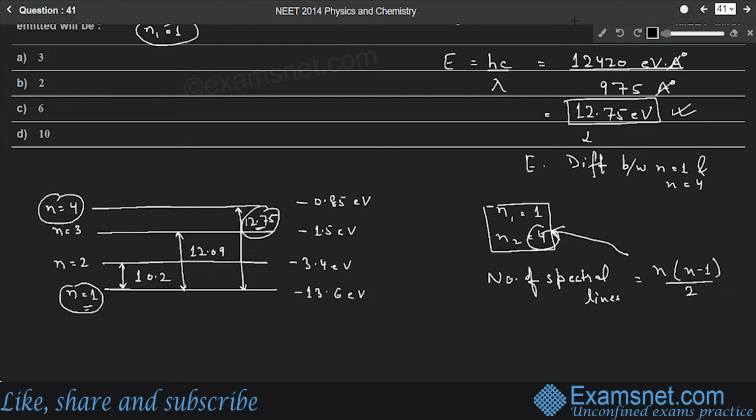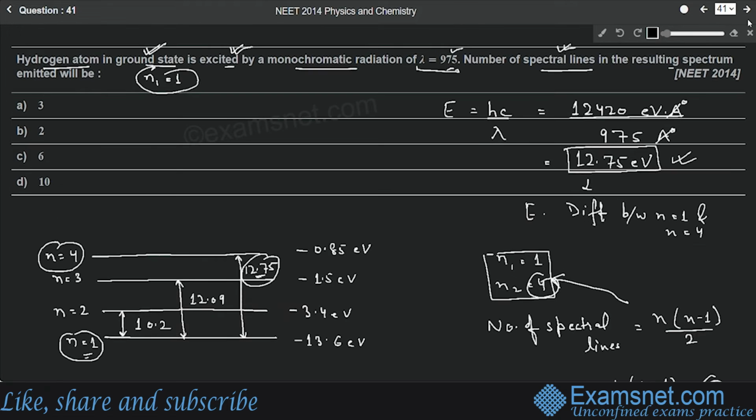So we have to put n equals to 4 here. So 4 into (4 minus 1) by 2, and on solving this you'll get 6. That means the answer will be 6. 6 spectral lines will come out. That means option C will be the correct answer.